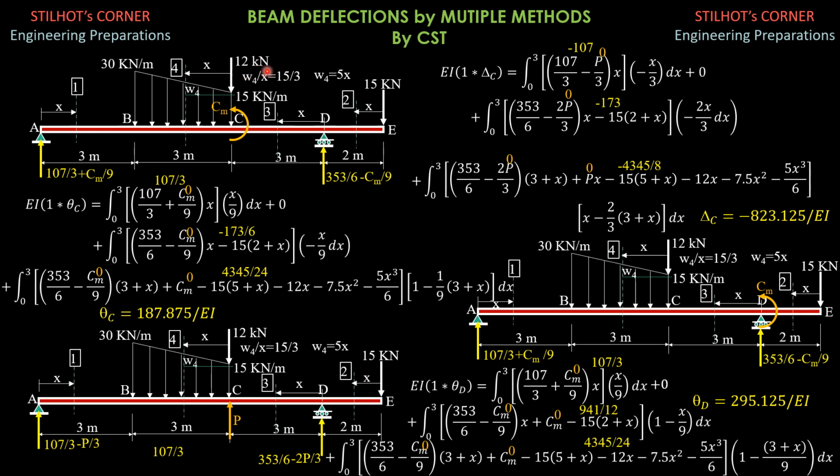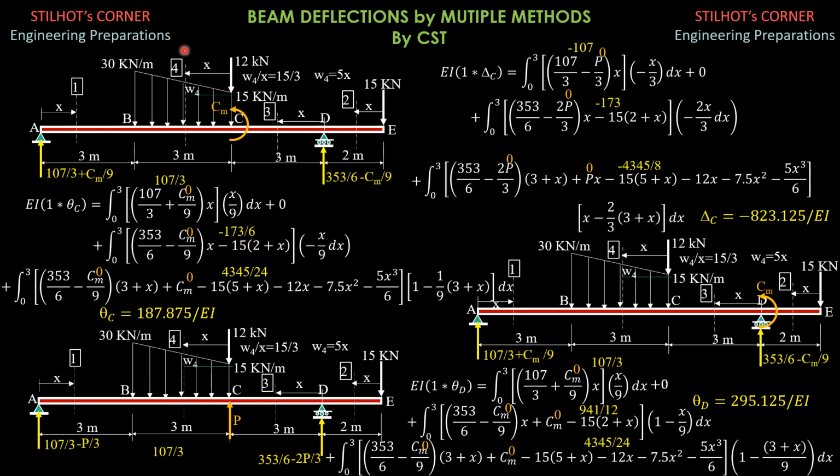At section 3, we have integral from 0 to 3 of quantity 353 over 6 minus C sub m over 9 times x, then minus 15 times quantity 2 plus x. The derivative with respect to C sub m is negative x over 9 dx, setting C sub m 0. Then integrating, we have negative 173 over 6.